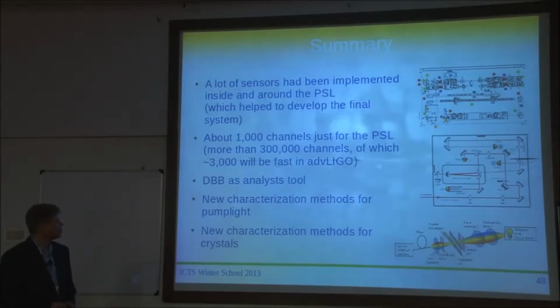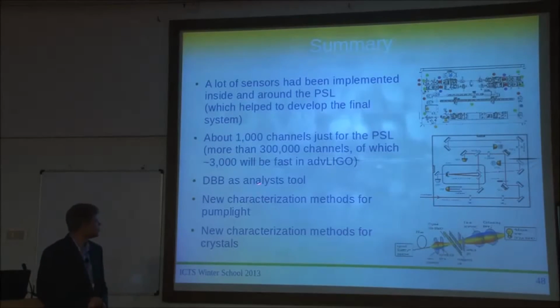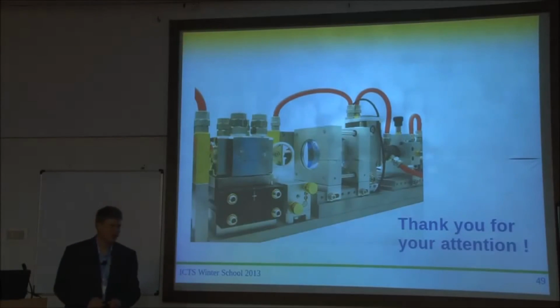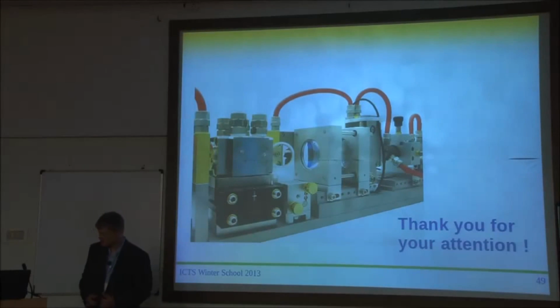I've shown you the diagnostic breadboard as an analysis tool, and I've shown you how we characterize the pump light as well as the crystal material. And that's what I have for today.